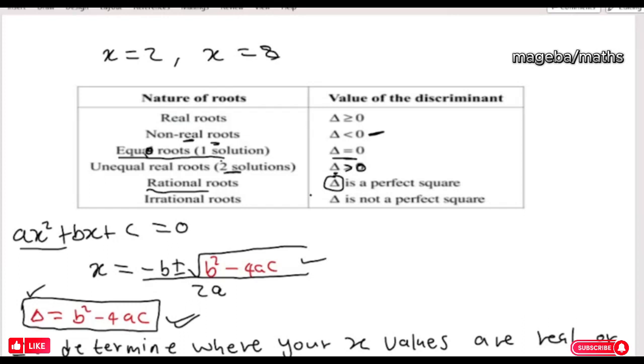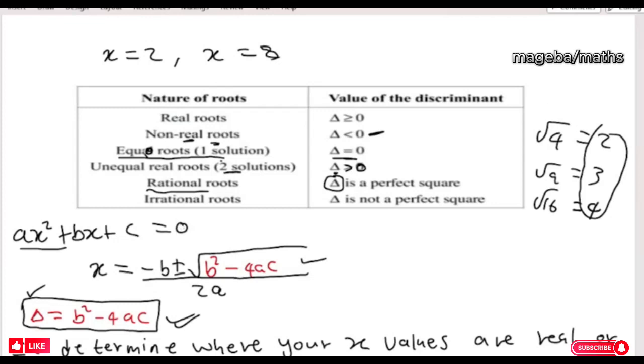Square root of 4 is 2, square root of 9 is 3, square root of 16 is 4. Those are perfect squares. They just give you a whole number. Now, irrational roots are the numbers that are not a perfect square. So if you find any number that is not a perfect square, then those roots are irrational. I hope everyone understands that.